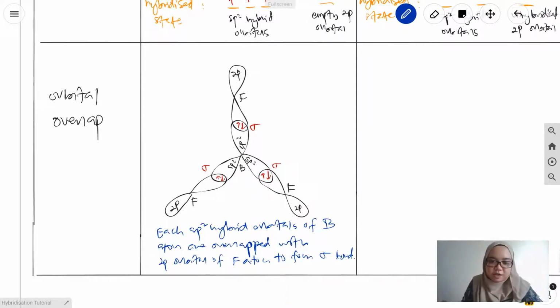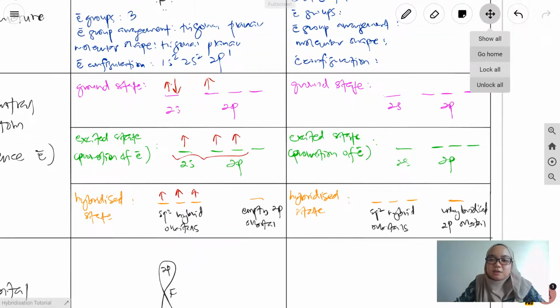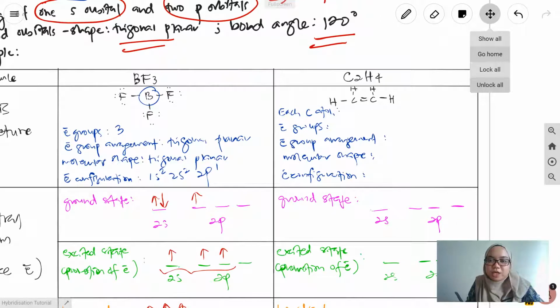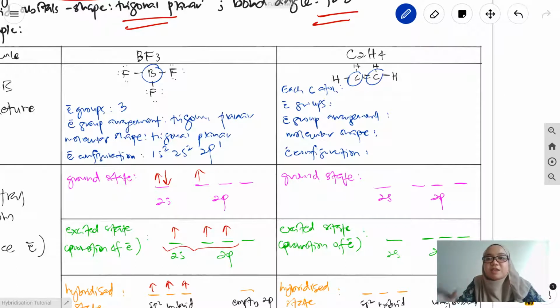Okay, now we are going to move on to this example, C2H4. So look at the C. We are going to use both of the carbons as central atoms. So this is a multiple central atom case.